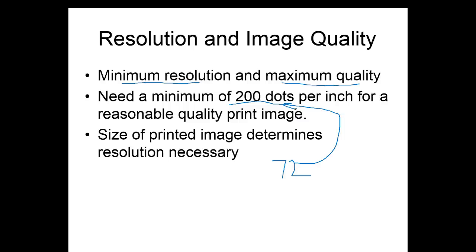What the higher resolutions give you, like these 16 megapixel, 12 megapixel and up cameras, is they allow you to take a very small piece of that image and then blow it up to a large size. So that's the advantage of that. So the size of the printed image that you desire determines the resolution that you're going to need.